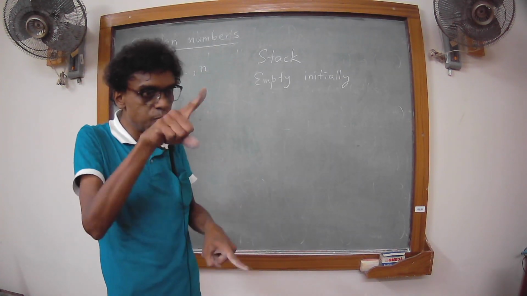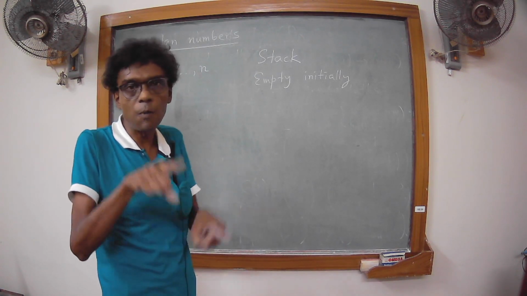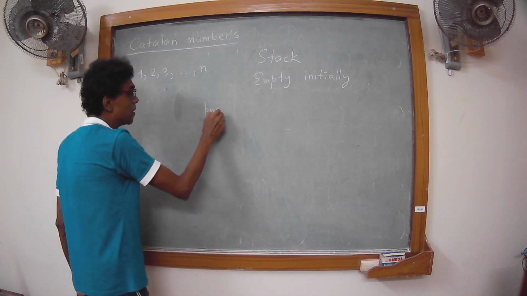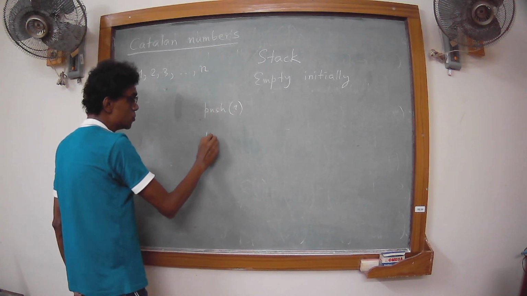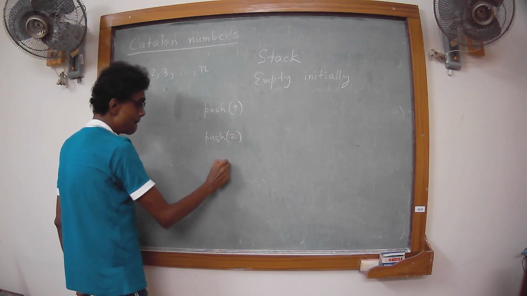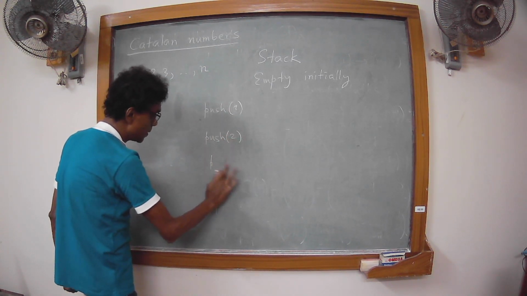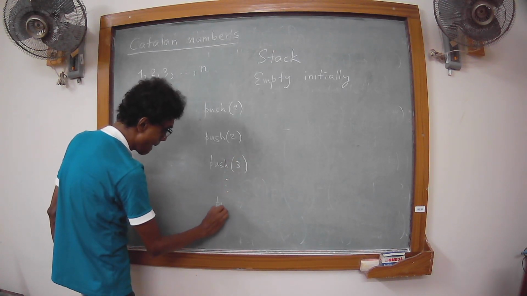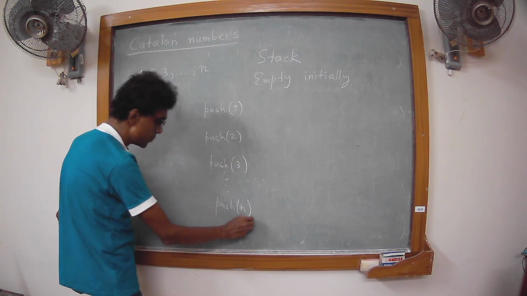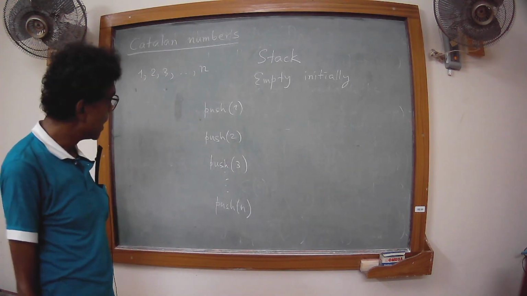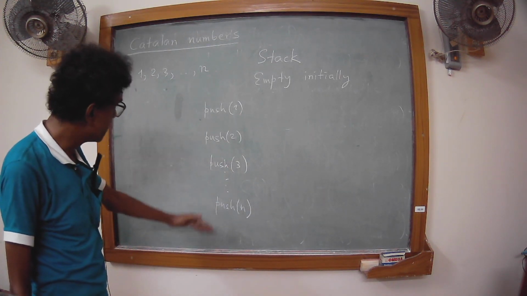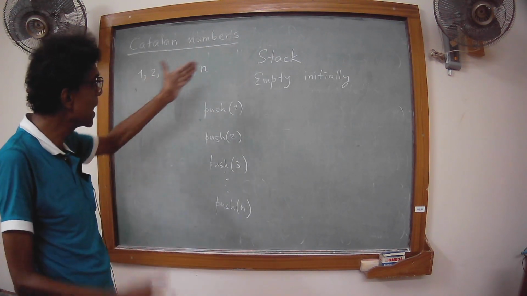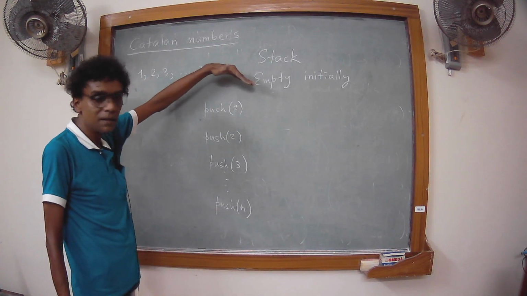And in between these pushes, you will make pop operations. And you have pushed n elements. You have to pop out n elements, eventually letting the stack be empty again.